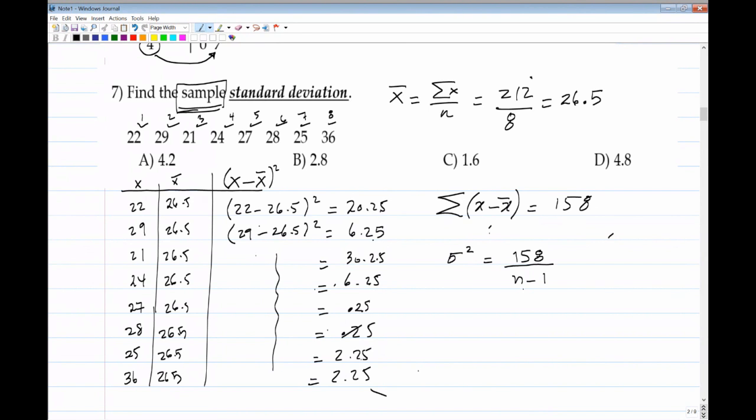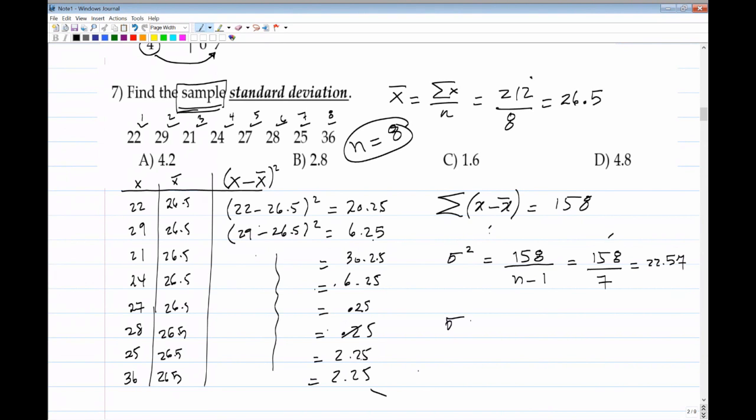If it is a population, we'll divide only by n. So this is 158 divided by 7, because n is 8. So when we divide by 7, you end up with 22.57.